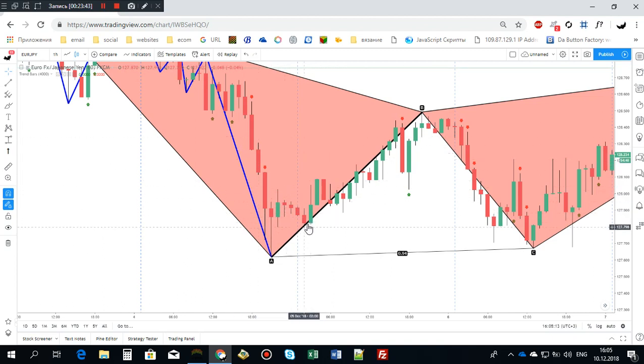Then we have another bullish candle, and its high is higher than 1, 2, 3, 4, 5, 6, I don't know how many candles, it is higher than 6. So this movement started here, like this, and it continued here. Oh, sorry.